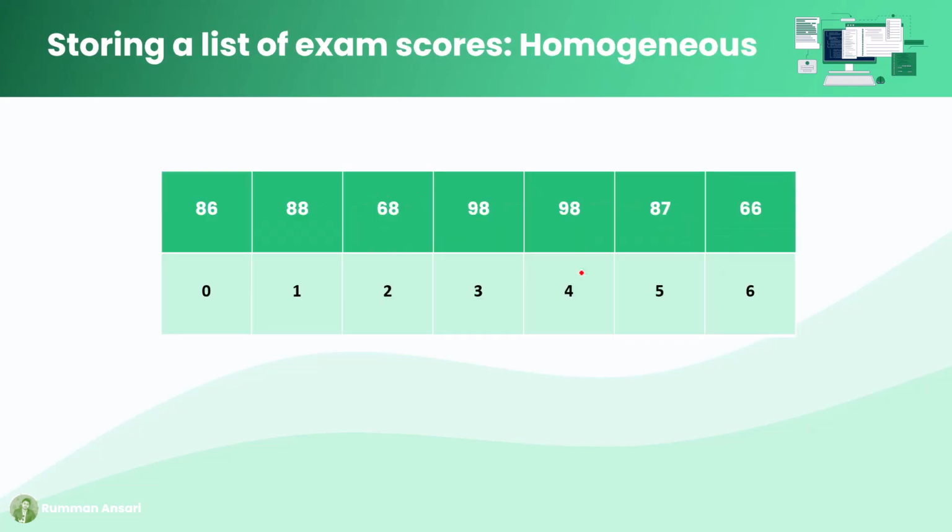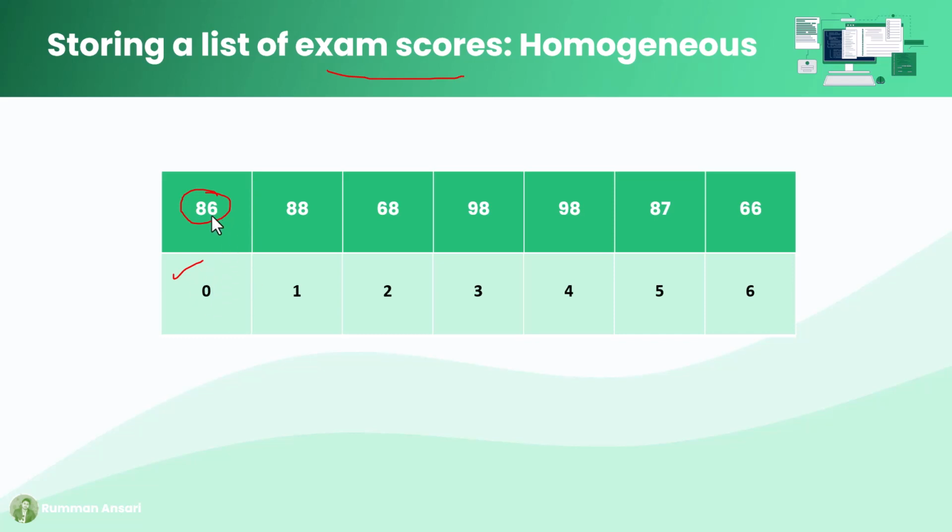For example, here you can see that we want to store the exam scores. You can see all the values are in integer format, so that's why it's homogeneous. If you want to access a particular element, we can access it via the index.